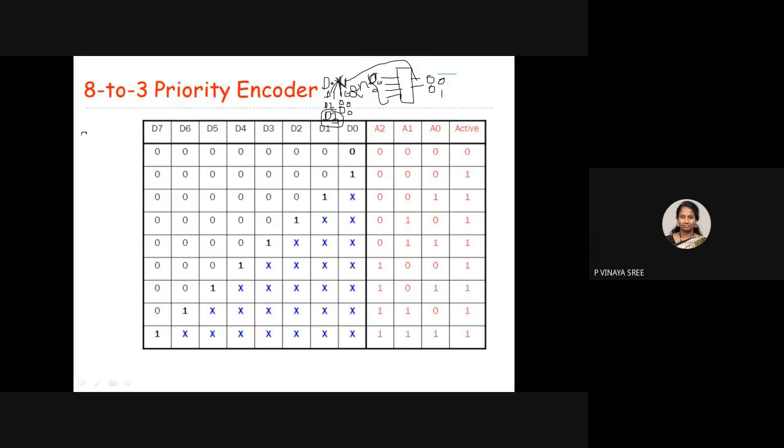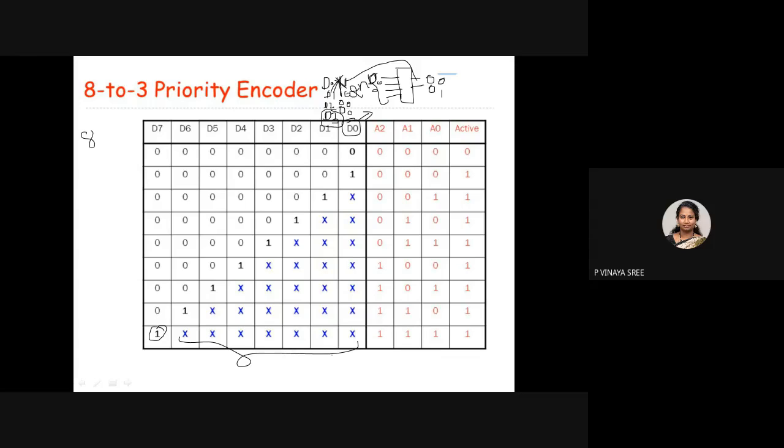Let us consider 8 by 3. We are starting from D0, so D7 will have the highest precedence, then D6, then D5, and the least is D0. If this is high, the remaining will all be considered as don't care.